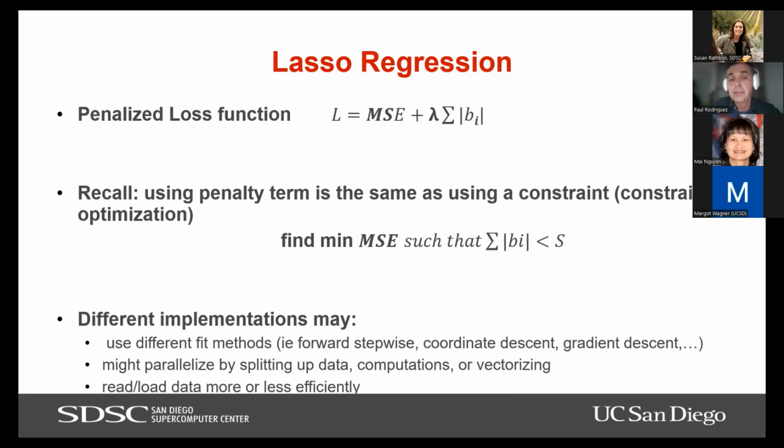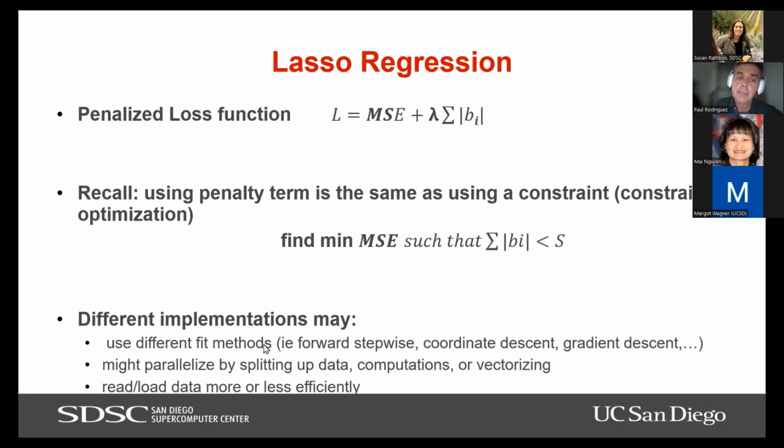Different implementations of lasso could take either approach. I won't say much more about that, but we're going to see that R actually takes an approach more like the constrained optimization. Other packages do more of a penalized loss function.